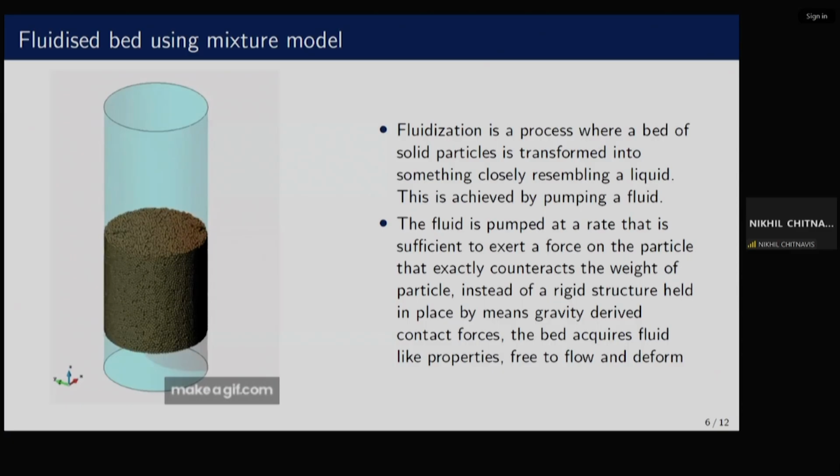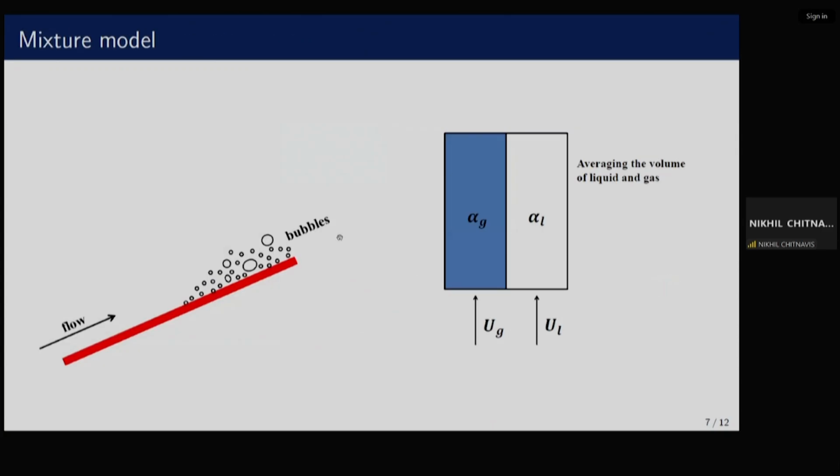Instead of resolving each and every particle of the sand or some solid particle, we're going to model it as a single phase using the mixture model. Here we can see that instead of capturing a single droplet, we'll average the volume of both phases and only see the bulk effect of each phase.